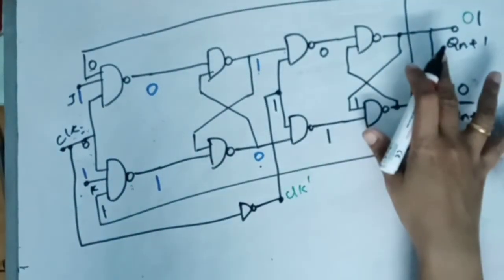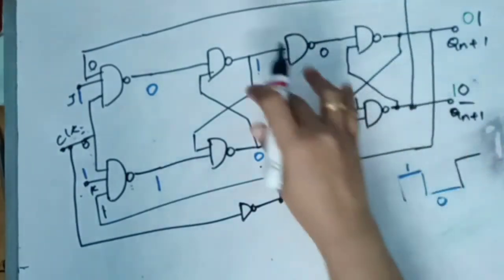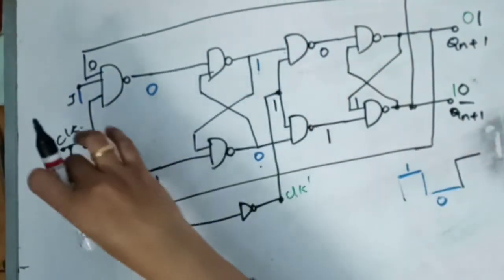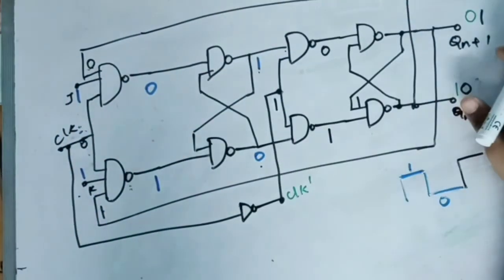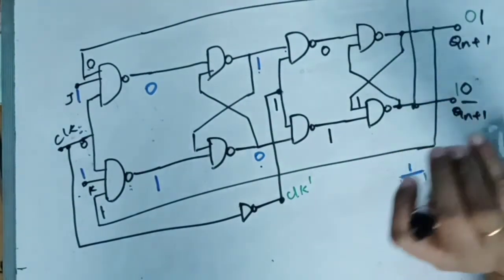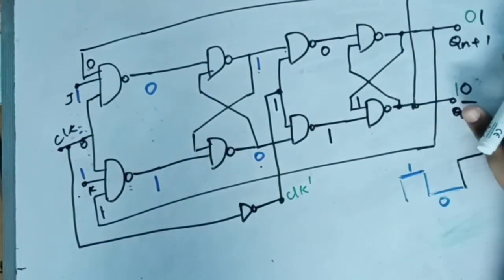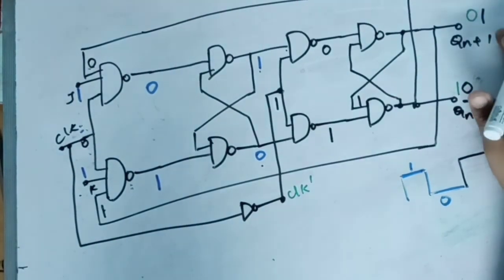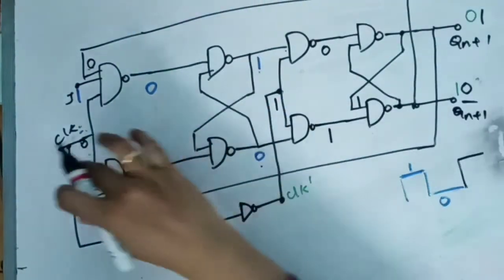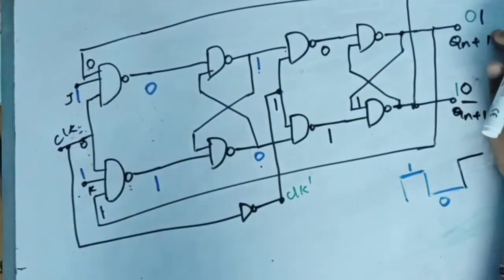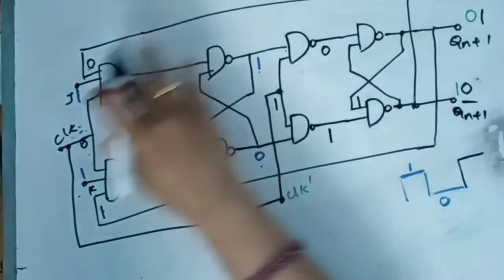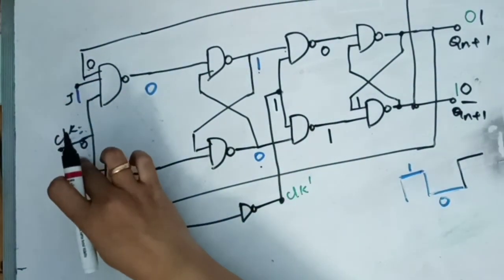So, in this particular circuit, the first stage output is obtained when clock is equal to 1. At that time, the final output is not changed. We are looking only at the final output. My LED is only here, Qn plus 1. So, here there is no change. When clock becomes 0, here there is a change. That is fed back, but at that time clock is equal to 0.